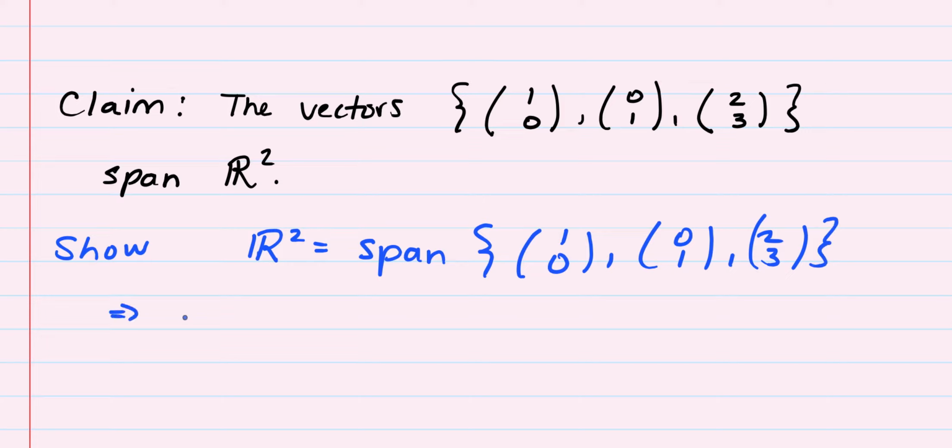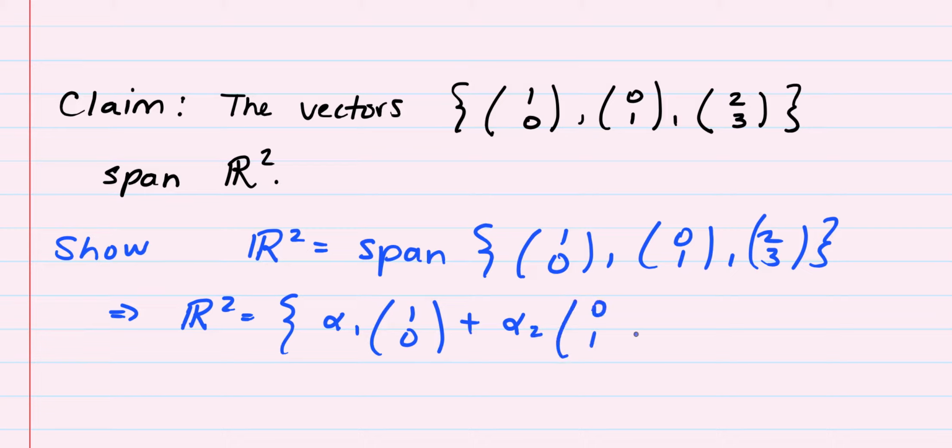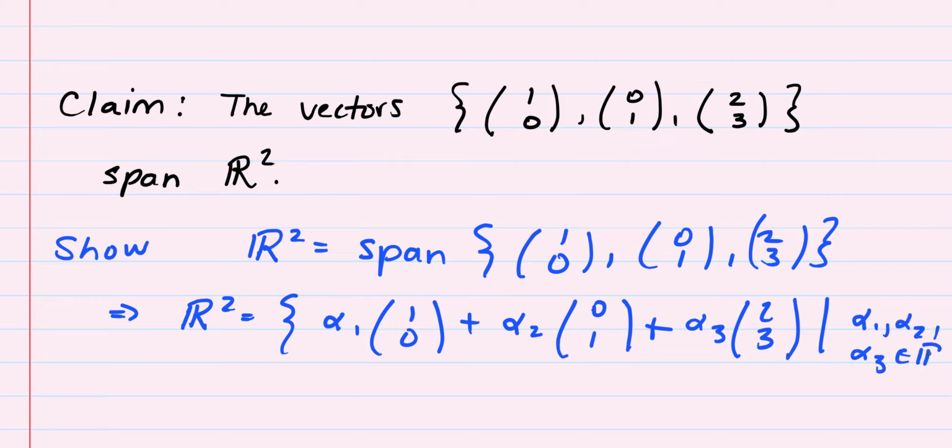That means any vector in R2 can be written as a scalar times this first vector, a scalar times the second vector, and a scalar times this third vector. Is that true?